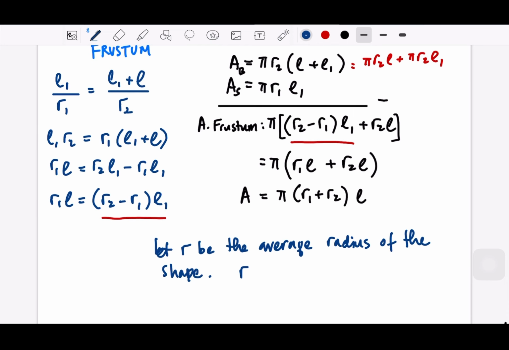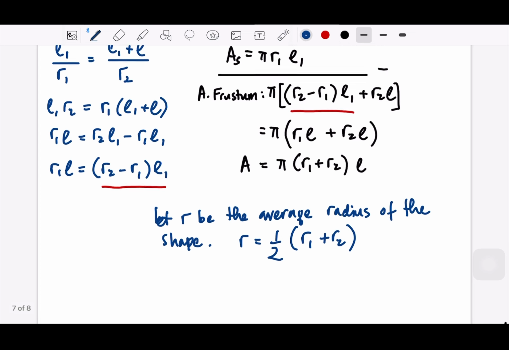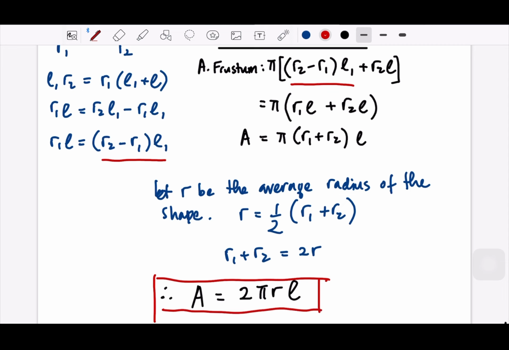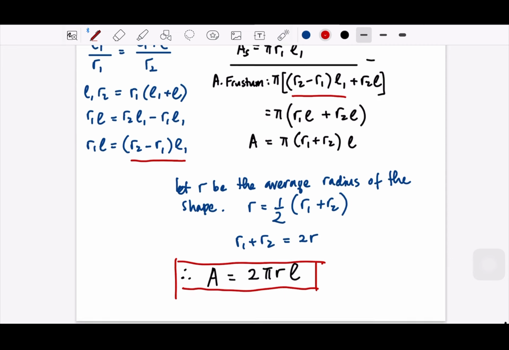So R is half of R1 plus R2, so R1 plus R2 equals 2R. And as a conclusion, our area becomes 2 pi R L. And this will be the main formulation in our computations for the surface area.